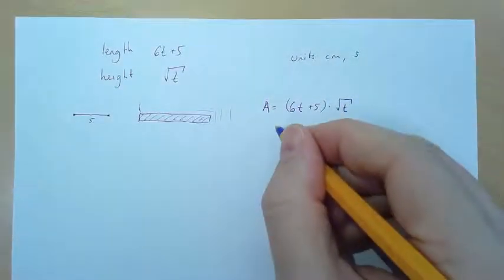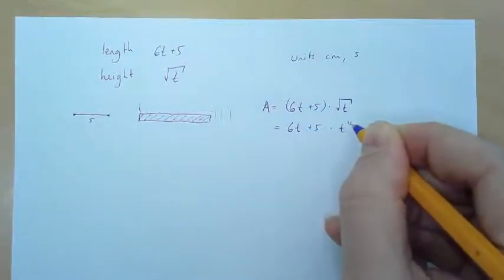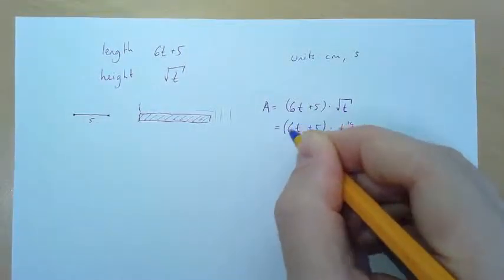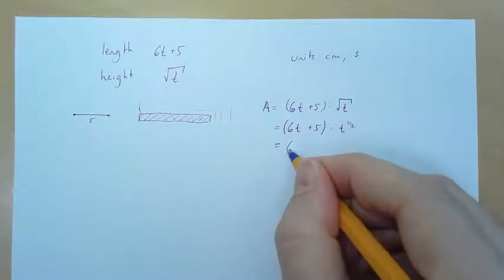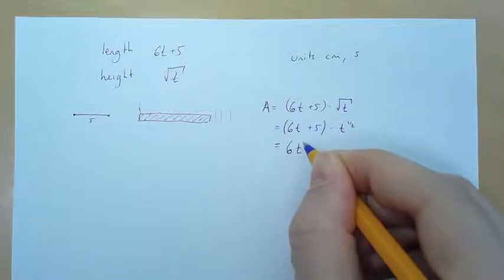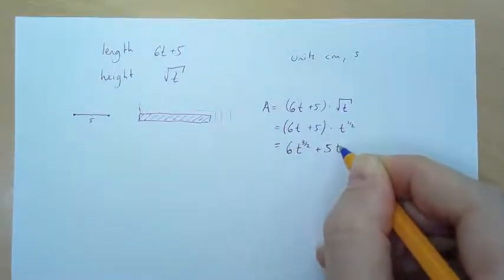I want to rewrite this as 6t plus 5 times t to the power 1/2, because this allows me to now distribute. This is 6t to the 3 over 2 plus 5t to the 1 over 2.